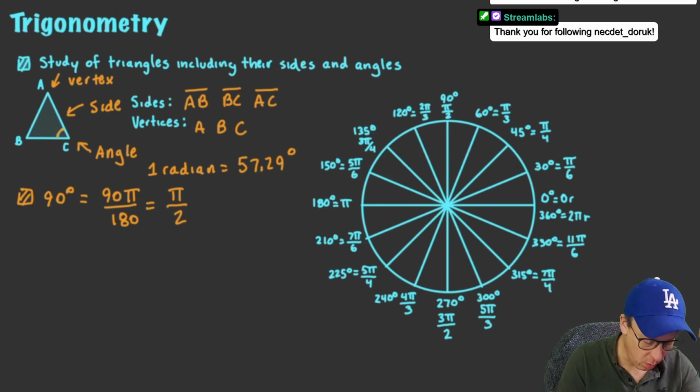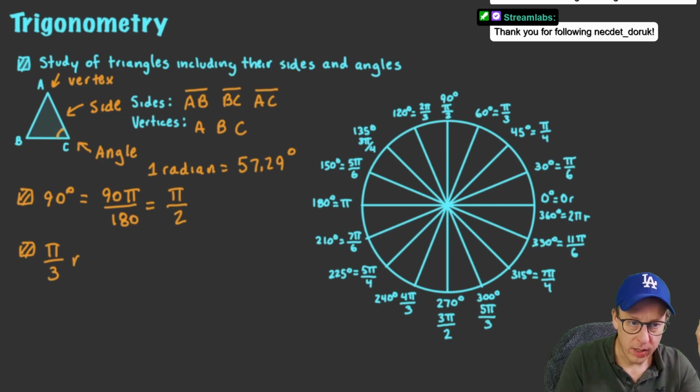Okay, so what if you want to convert from radians into degrees? Let's say we have pi over 3 radians. What we're going to do is take pi over 3 and multiply it times 180 over pi.